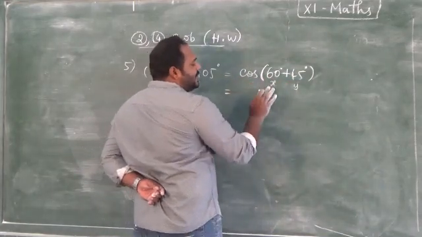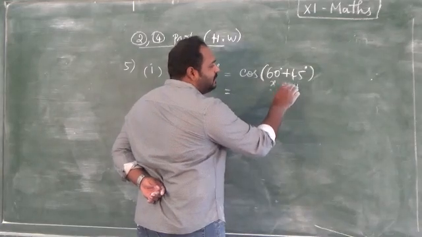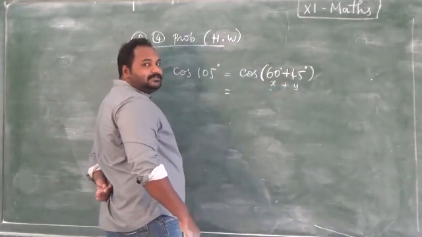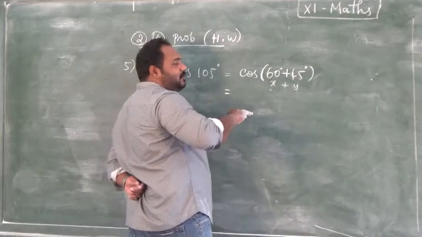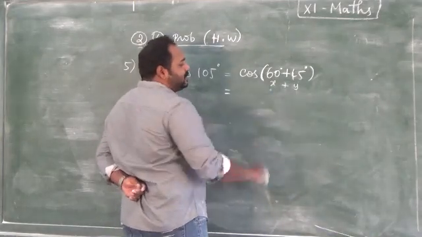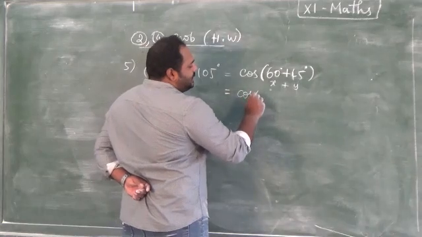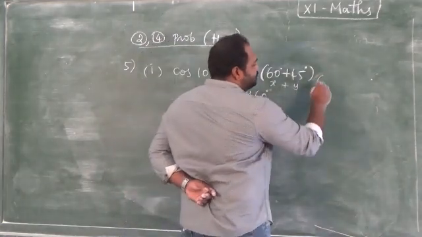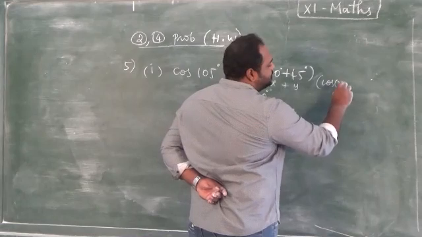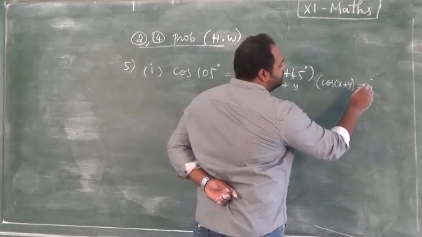Here if I take x and y, it is in the form of the cos of x plus y formula. Let me explain this cos of x plus y formula. What is that?